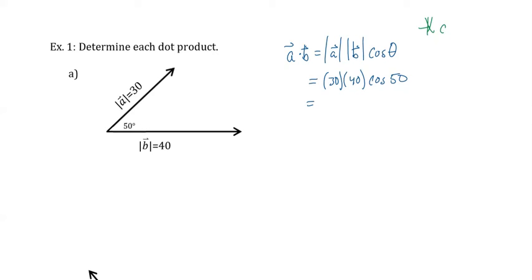Cosine of 0, right? A with itself, there's no angle between them. The angle between them is 0. What's the cosine of 0? 1. So what is this? Magnitude of A squared. You could recreate that one. You don't have to memorize that one, but it's a useful one to know.